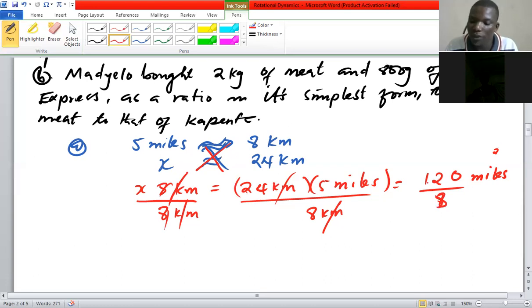There you go. Then you have 120 miles. Then divide by 8 there.